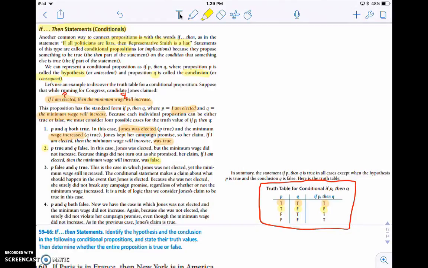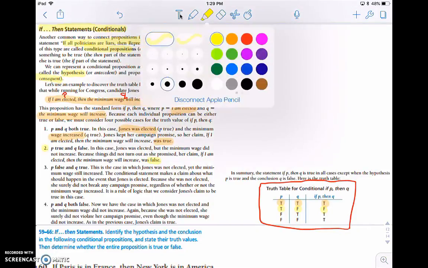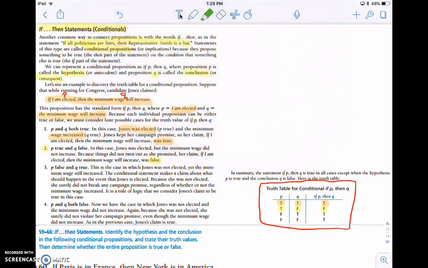This is where things get a little bit different, in number 3. P is false and Q is true. This case is where Jones is not elected, yet the minimum wage still increased. The conditional statement makes a claim about what would happen in the event that Jones is elected.